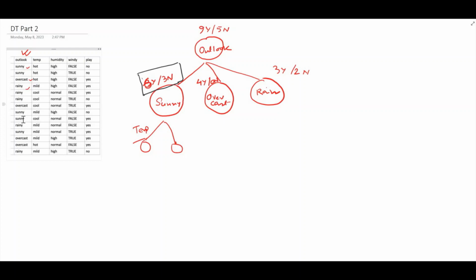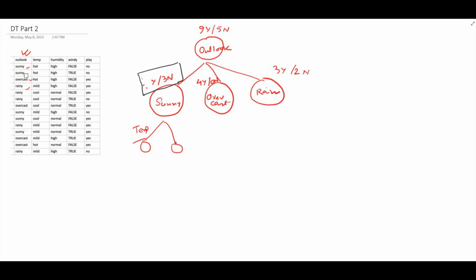There are 5 sunny conditions out of that. Okay, let me change it. Actually, let's erase it with the small eraser, and now it is clear.